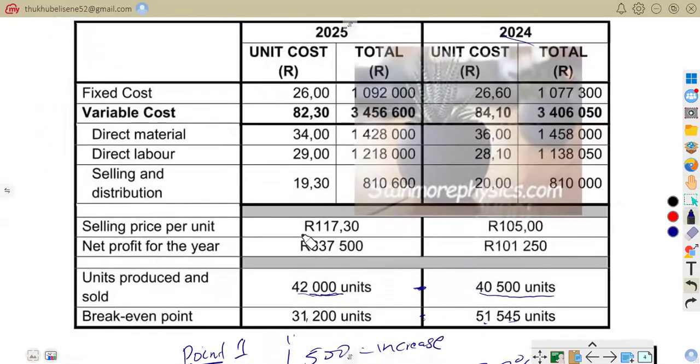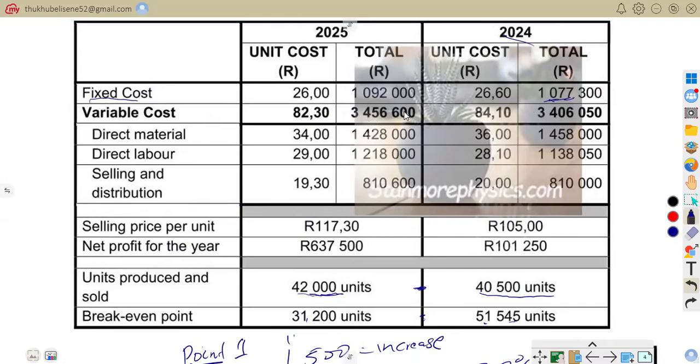Fixed cost. So we are going to have total fixed cost. Let us look at the total fixed cost so that you can see where they are different. So here is our fixed cost. In 2024, we have 1,077,300.